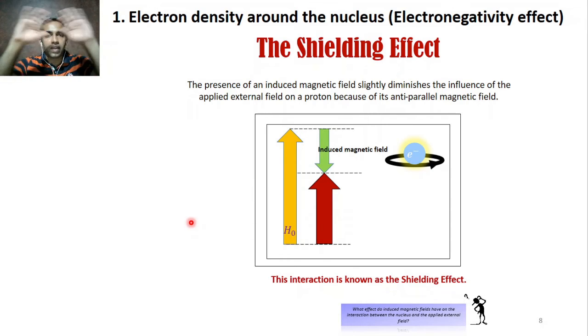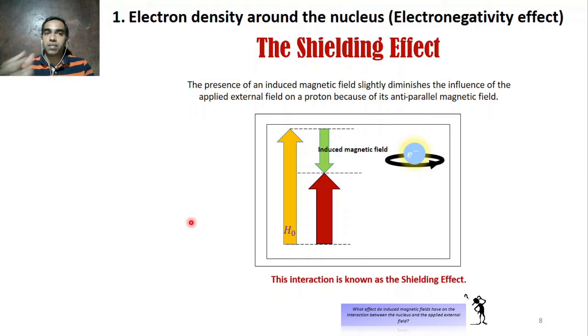Then the nucleus at the center is getting shielded. The magnetic field actually experienced by the center one is lower than what we have applied, because of this shielding effect, or the opposition by the induced magnetic field.